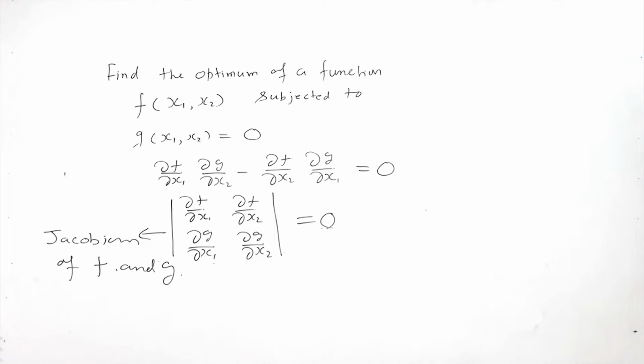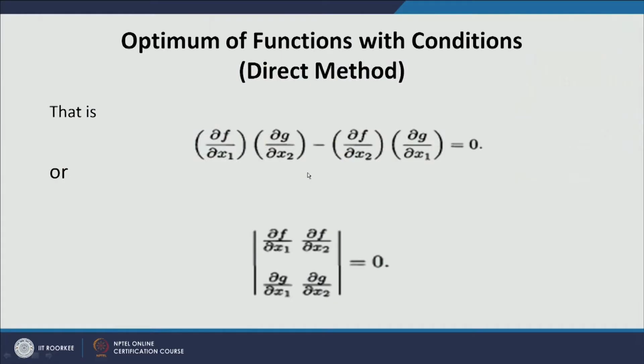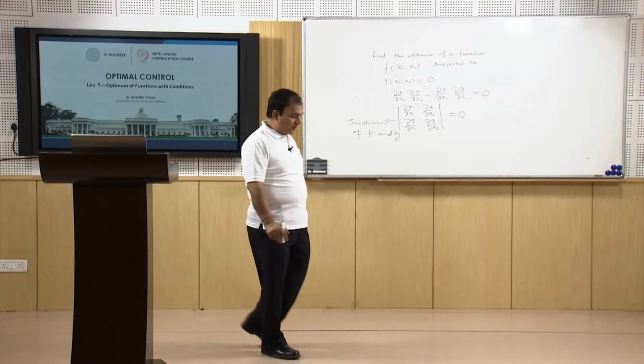So, what we are saying, my condition comes out to be ∂f/∂x1 ∂g/∂x2 minus ∂f/∂x2 ∂g/∂x1 must be equal to 0, or the determinant of ∂f/∂x1, ∂f/∂x2, ∂g/∂x1, ∂g/∂x2 is going to be 0.